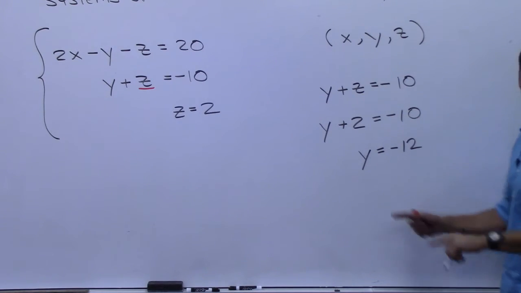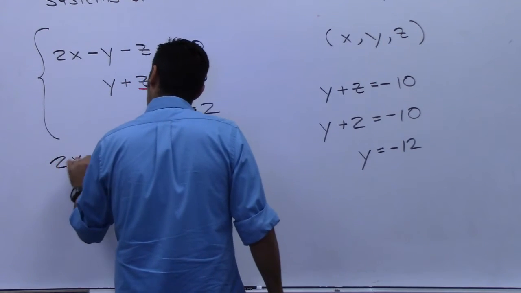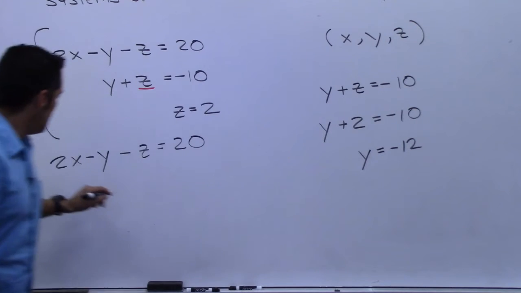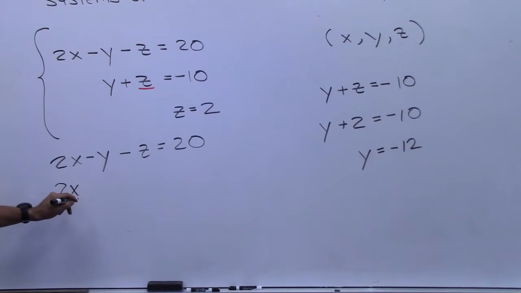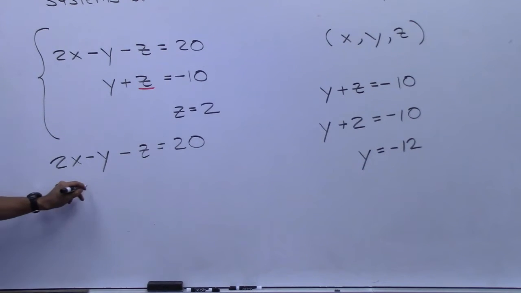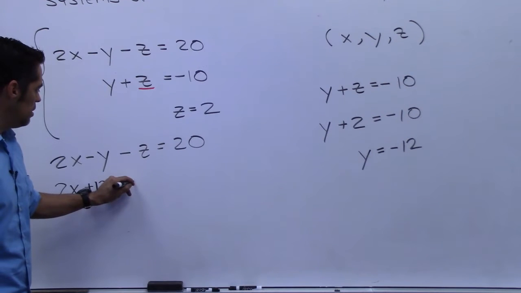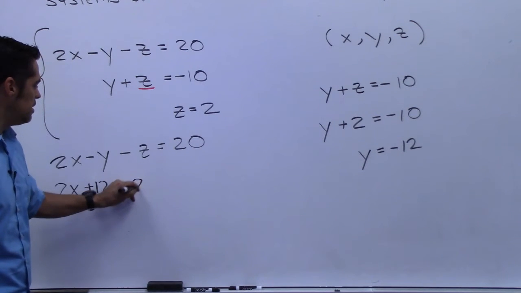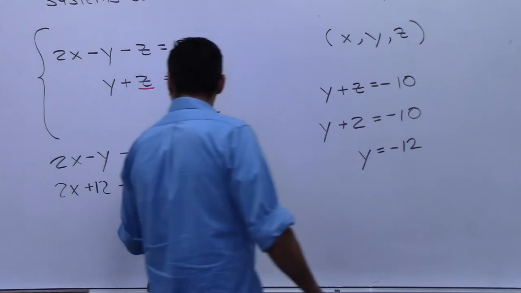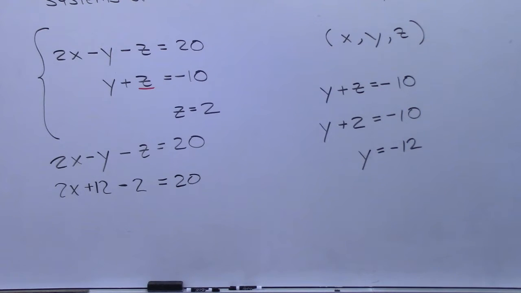Then plug it back in. Now if I go to the first equation, I can write 2x minus y minus z equals 20. Minus y is minus negative 12, so plus 12. Minus z, but z was positive 2, so minus 2. And that must equal 20, and you can solve for x.